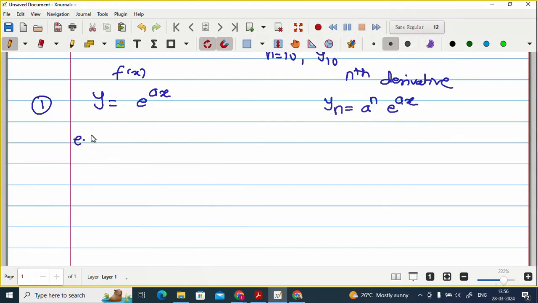Now using this, can you tell me, suppose y is equal to e raised to 3x, what will be its nth derivative yn?